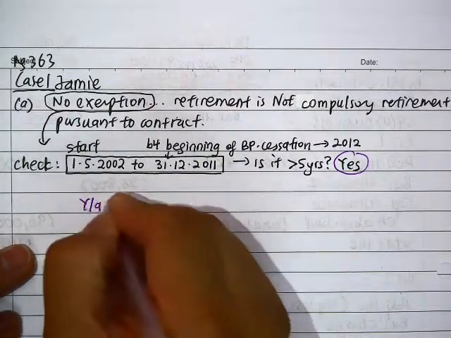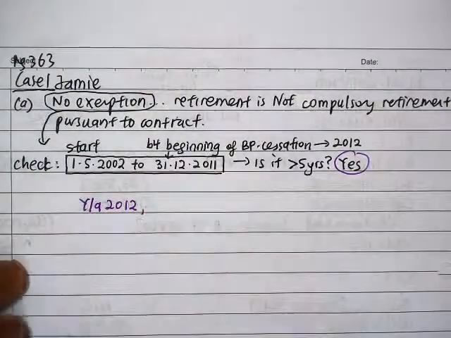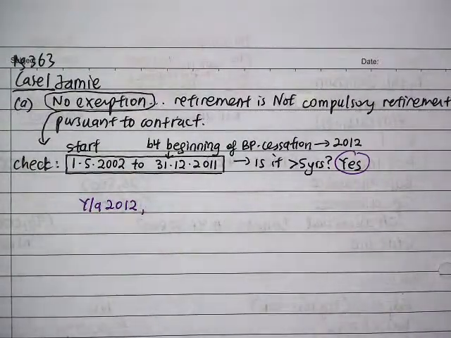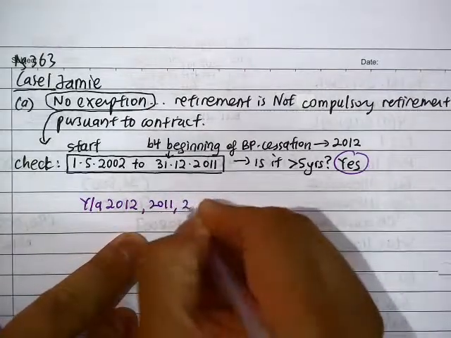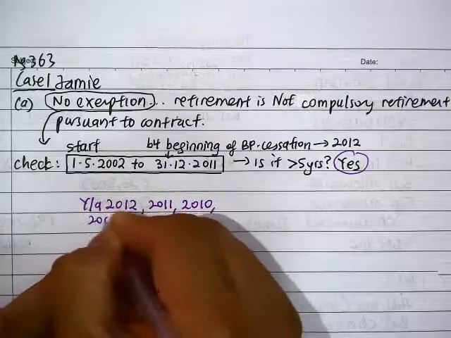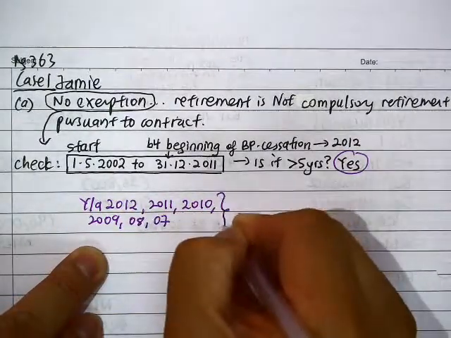The year you retire is 2012. So if you spread back, just go back by 6 years. That means 2012, 11, 10, 9, 8, 7.